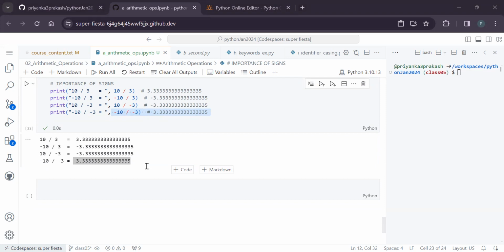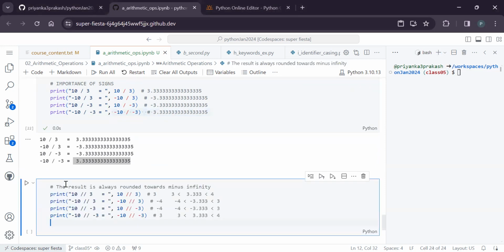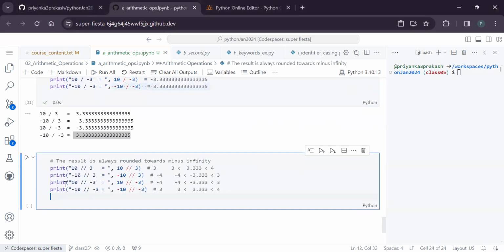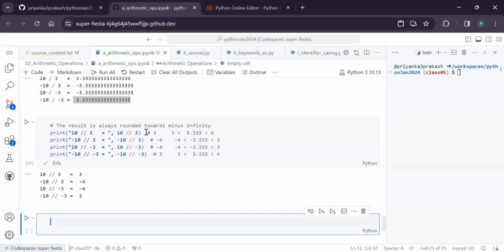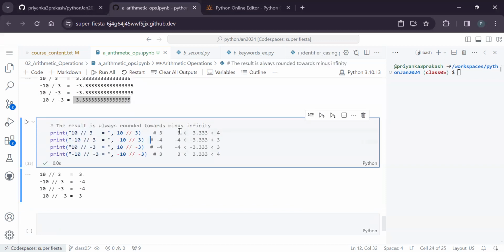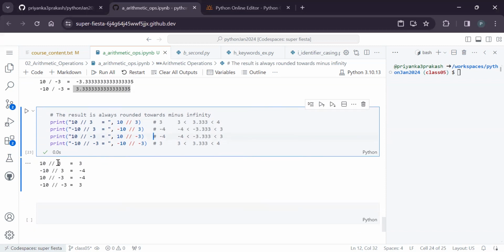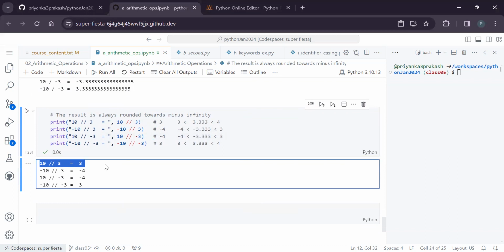But if you go for floor division with these negative values, that is very interesting. You need to invest some time to understand. It will go to the previous and next values. Basically, many people will not tell this concept, and many people don't even know about it. When both are positive, you get the perfect answer.